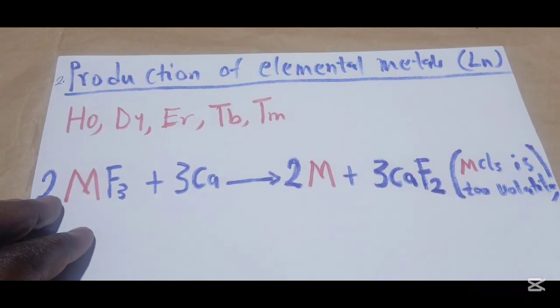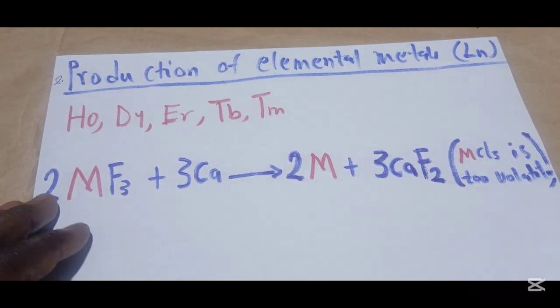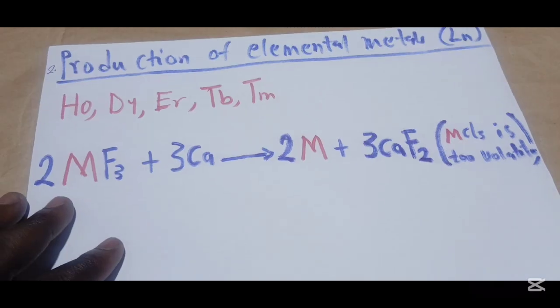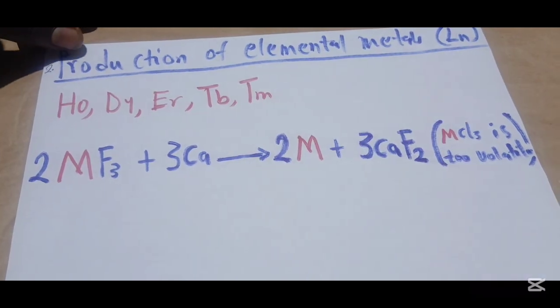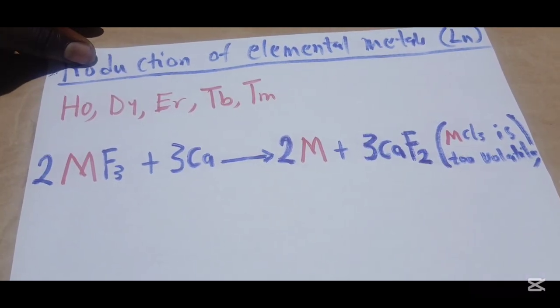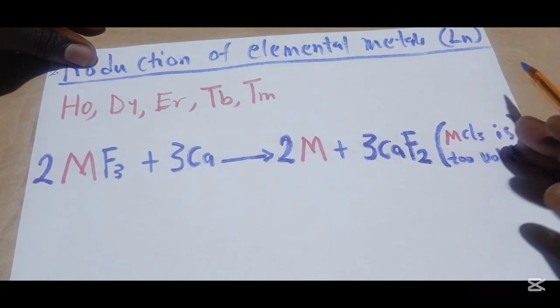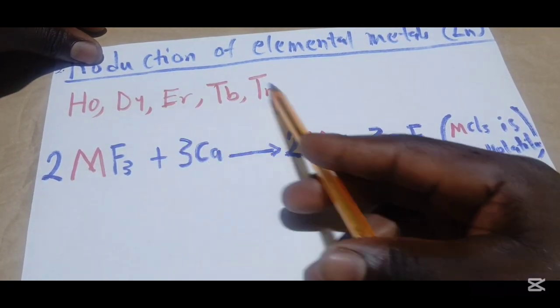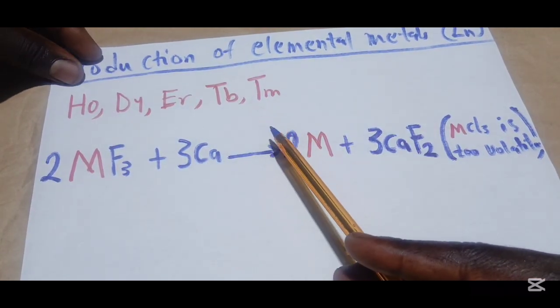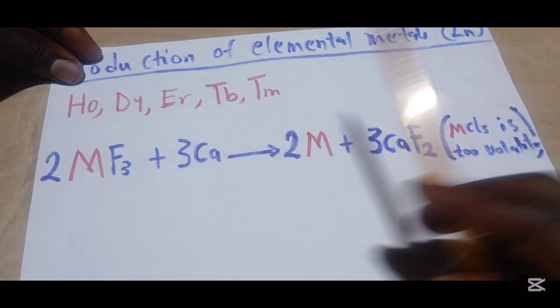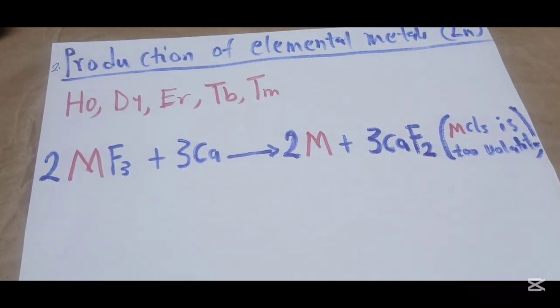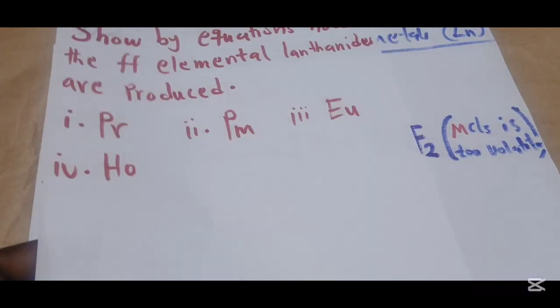So let's look at the other ones, how they can be produced. We have Ho, holmium, Dy, Er, Tb, Tm. For these elements, this is how you can produce them elementally. Once again, keep this equation in mind, and wherever you see M, you replace it by the particular element. From the question, we have Ho there.